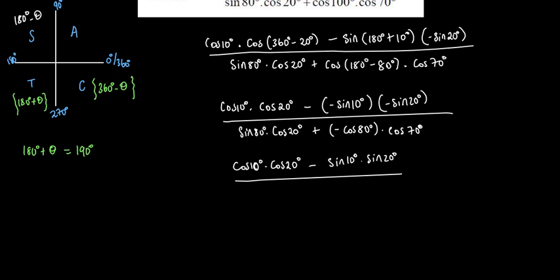Then here we have sine 80 degrees times cos 20 degrees, and then minus, cos positive times negative is negative, right? Minus cos 80 degrees times cos 70 degrees.